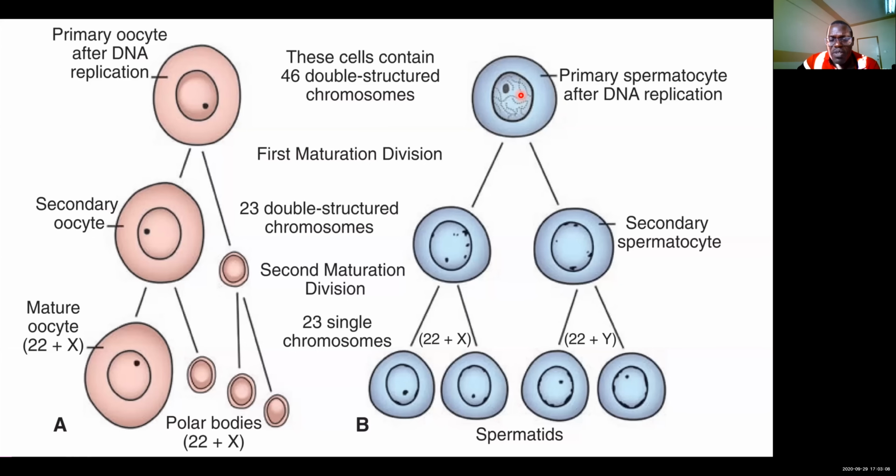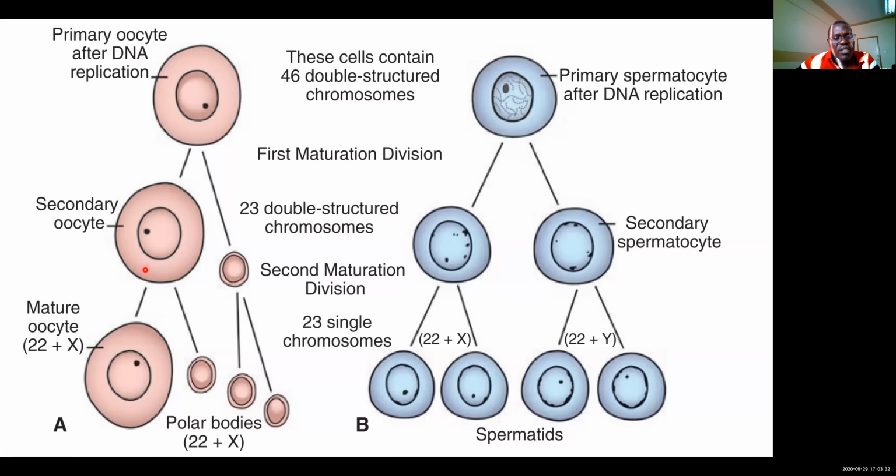From one primary spermatocyte, we get 4 viable spermatids. That's different from oogenesis, where the cytoplasmic division is unequal. The result is one big cell and a small one. The small one is called polar body. The other one is the cell of interest.